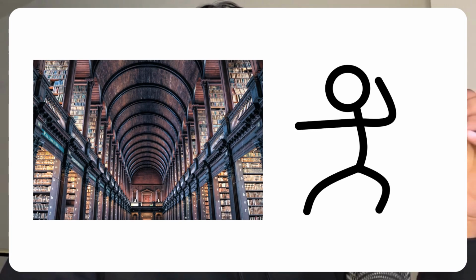Let me paint a picture for you so that you understand why I say this. Say you go to a library and you have an agenda to get a couple of books from each section. A book from this section, a book from that section, and you walk into the library. Think about it like you have no idea where to go. You don't have a map of the library.